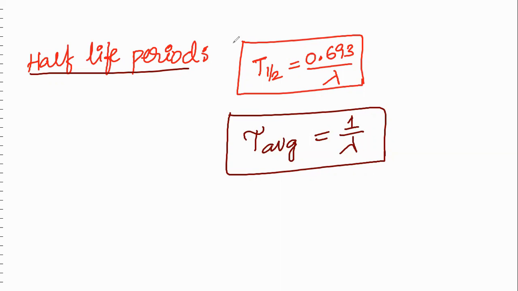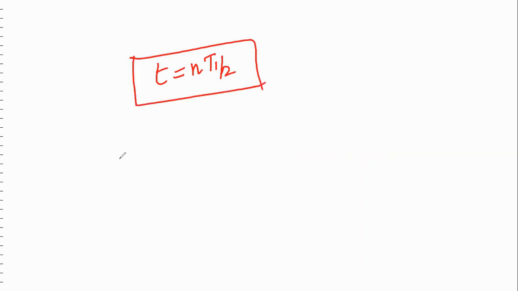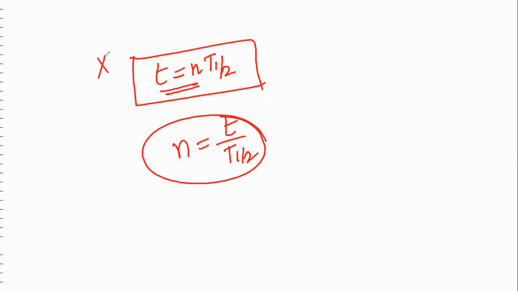The time taken for n half-lives is t equal to n into t half. So the number of half-lives, n, is equal to t divided by t half.